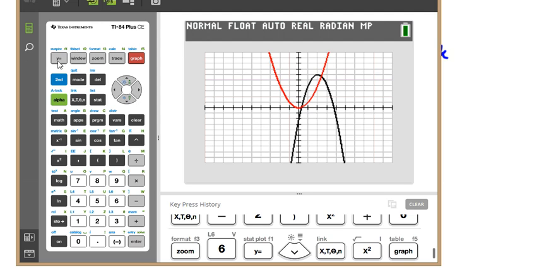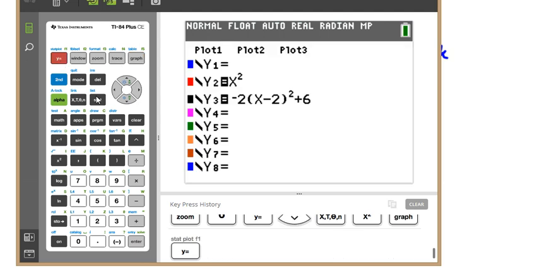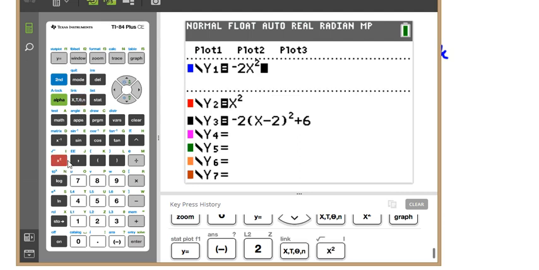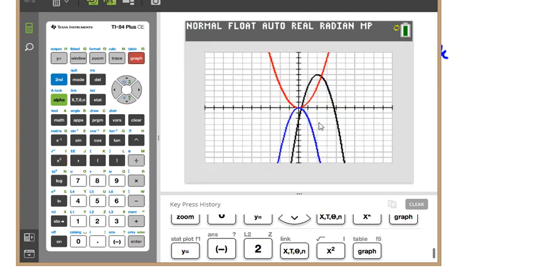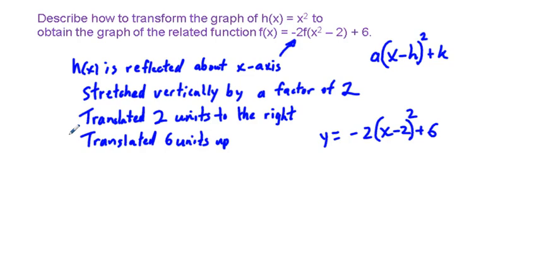We could do step by step here, couldn't we? I'm going to reflect and stretch at the same time. Negative 2x squared. And blue, that's going to look like, see, we reflected it and stretched it, and then we translated 2 units to the right and 6 units up. Exactly as written here. So that would be our correct answer.